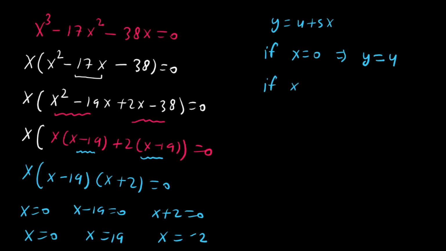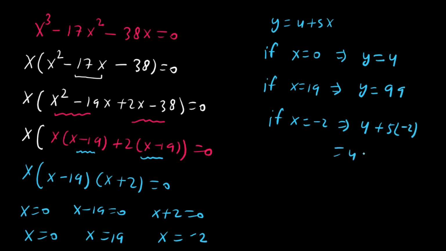If x is equal to 19, then x is replaced by 19, and y is equal to 4 plus 95, that is 99. Then if x is equal to minus 2, x is replaced by minus 2, then 4 plus 5 times minus 2, then 4 minus 10, and this is minus 6. We have three solutions here.